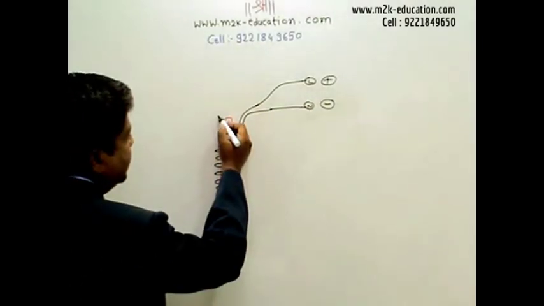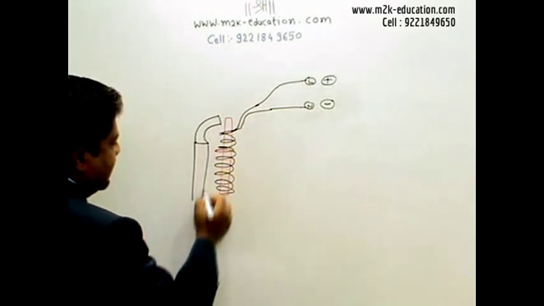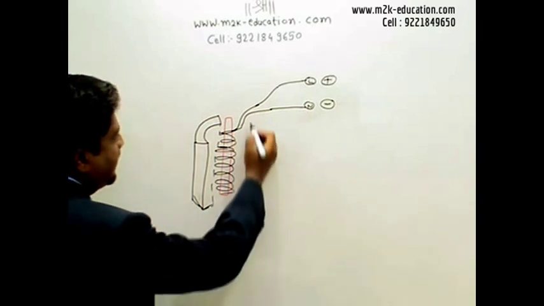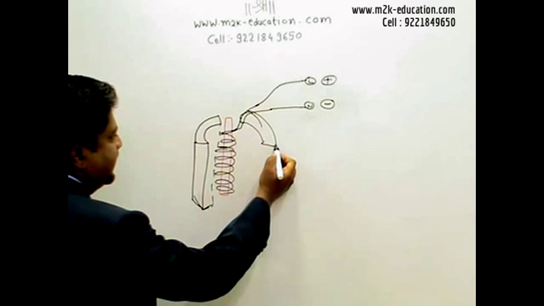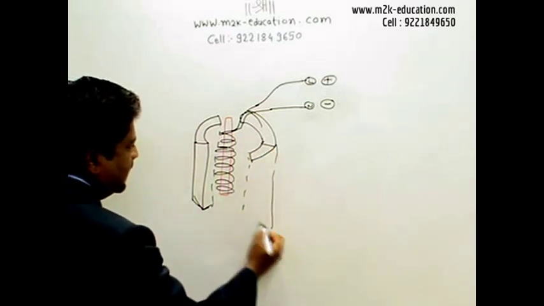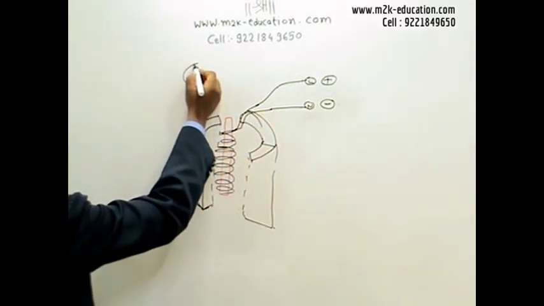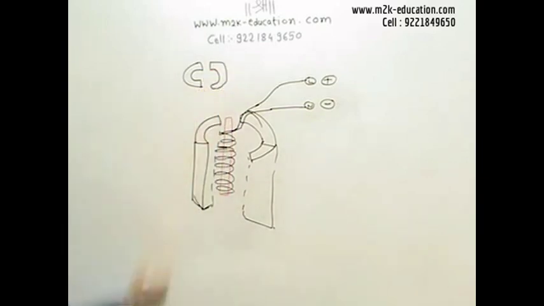Now this entire assembly is placed in a horseshoe-shaped magnet. My drawing is not that perfect. You may just observe two magnets. If you are observing from the top, you will see it like this, an inverted C and a straight C. From the side it is this way.